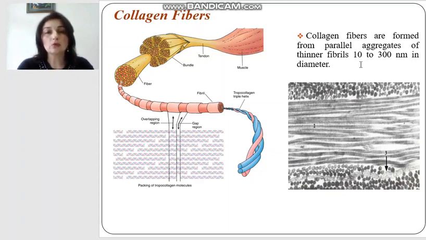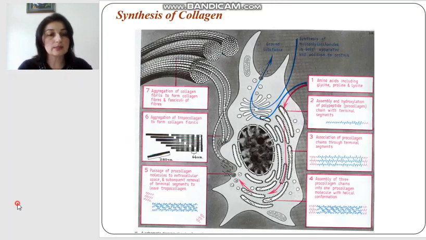Then the collagen fibers are also produced by connective tissue cells, and there are 35 types in the human body. Each of these types differs from the others in the amino acid sequence inside of the polypeptide chain. Here we see that these fibers are produced by the fibroblast cells. These are connective tissue cells.